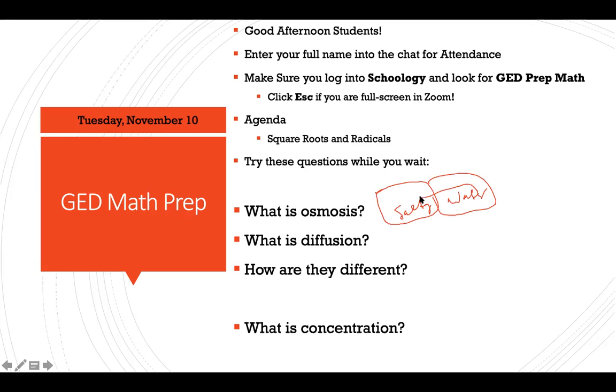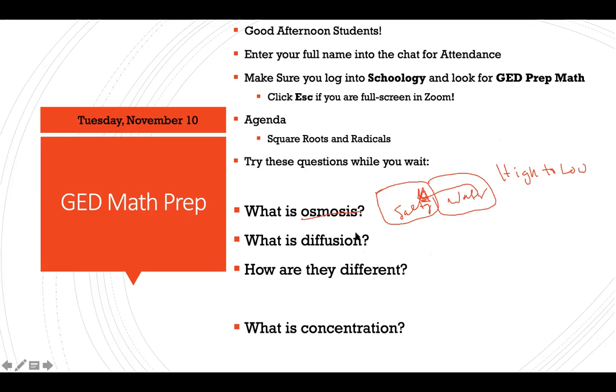The water is going to diffuse or move in this way towards the place that has less salt, right? So water always moves from high concentration to low concentration. That is osmosis, high to low. It's just the movement of water from high concentration to low concentration.